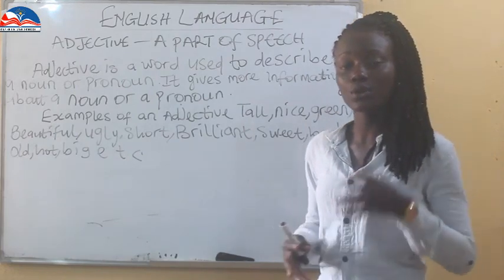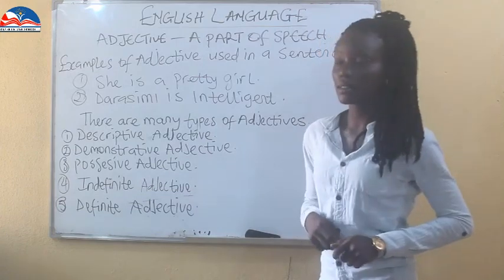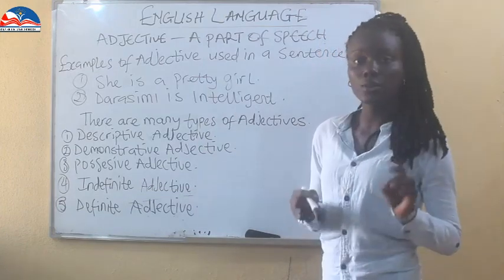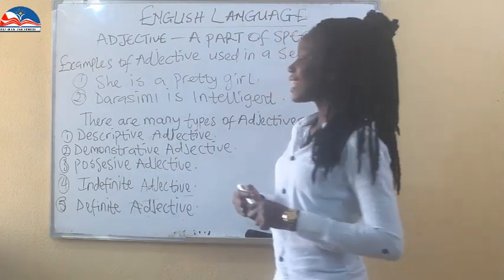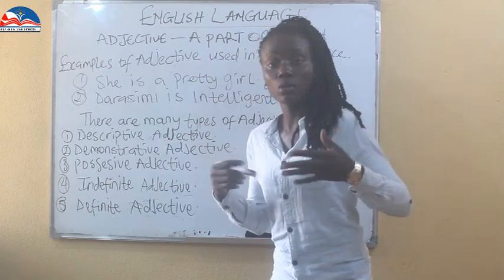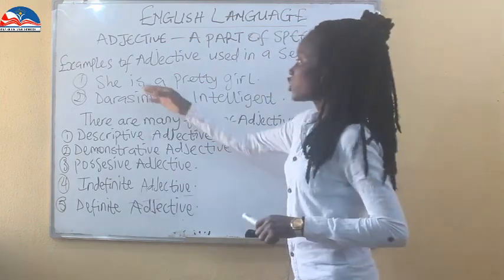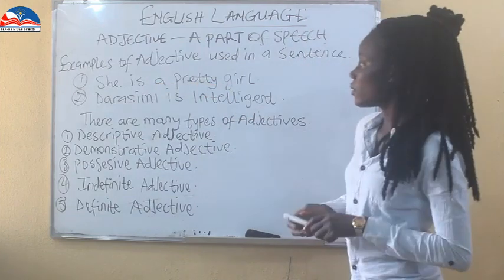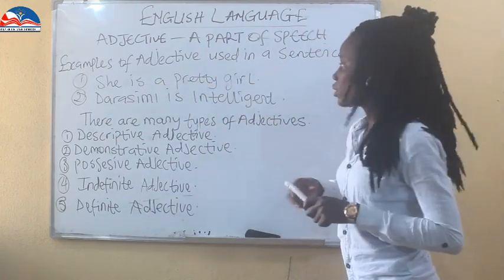Now we're going to move to types of adjective used in a sentence. We have: She is a pretty girl. We said adjective is a word that is used to modify a pronoun or a noun. In this sentence, the girl is the noun.